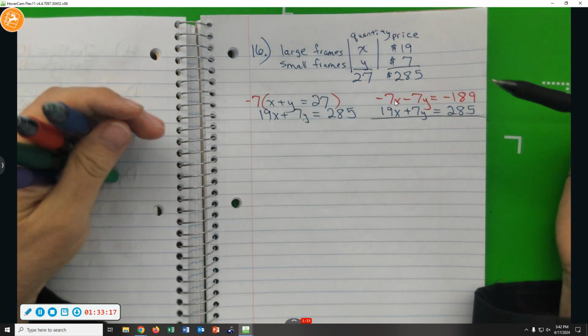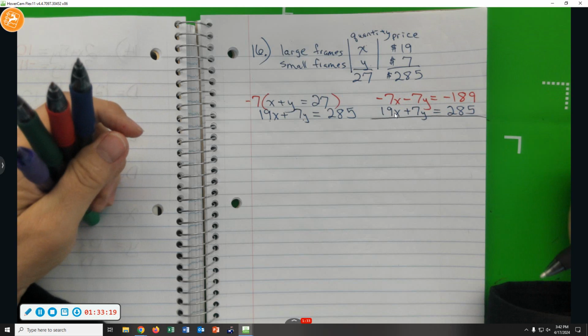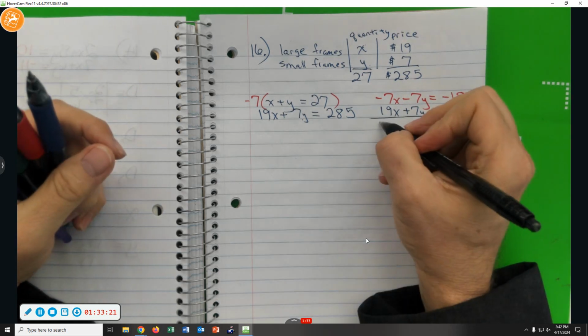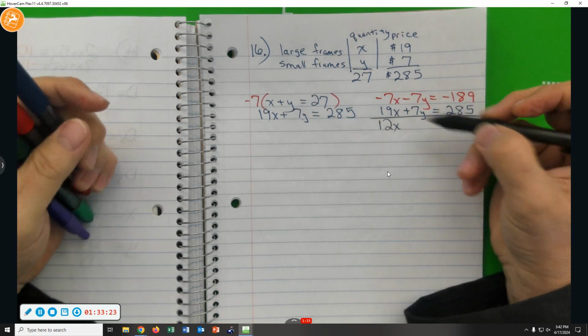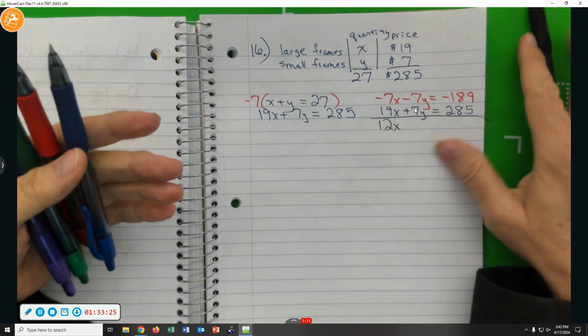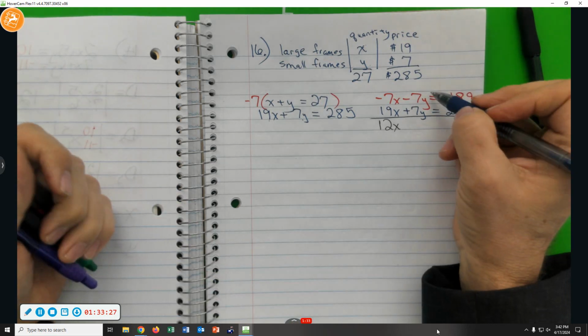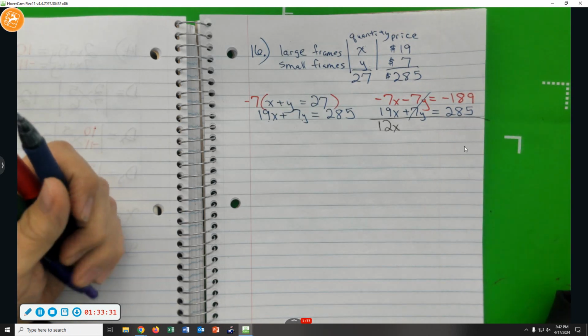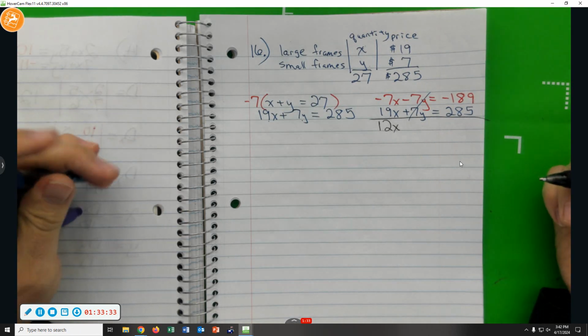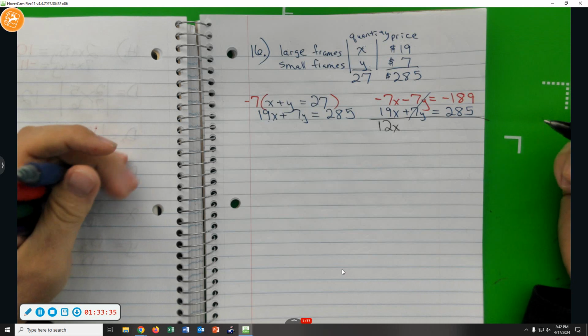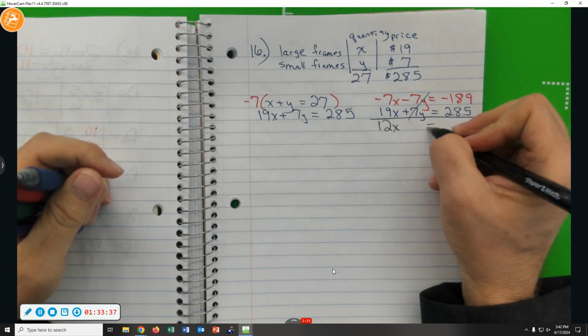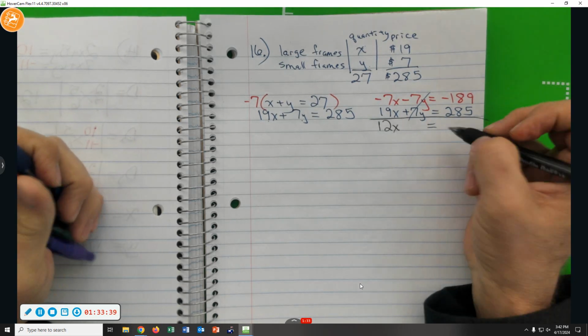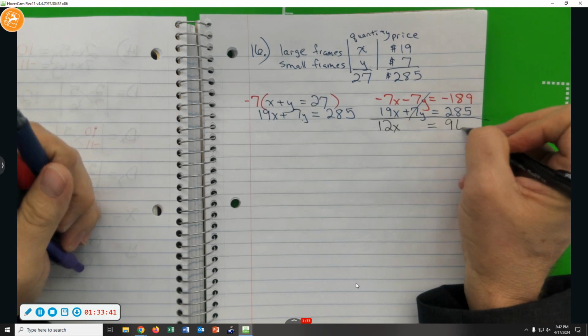Okay. Negative 7x plus 19x gives me 12x. What's about to happen to the y's? Negative 7y plus 7y is zero. Negative 189 plus 285 gives me a positive 96.